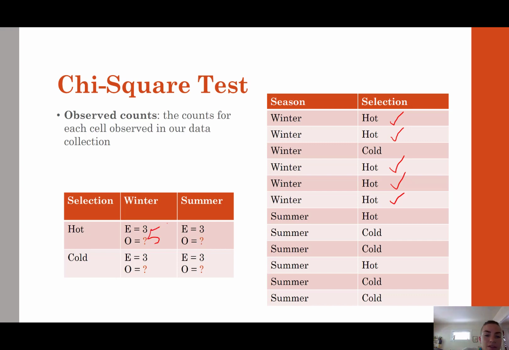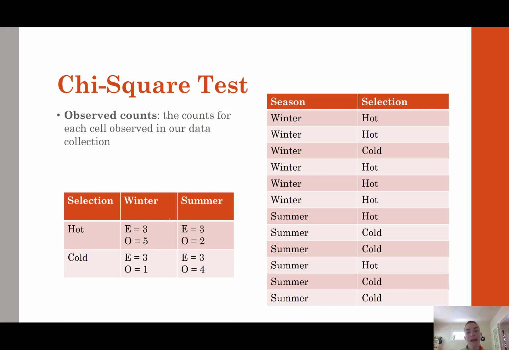So that means that 5 is my observed count for this cell. And you could pause the video here and try to recreate the observed values for each of the other cells of the contingency table. And hopefully you got these values. 2 people ordered hot coffee in the summer, 1 person ordered cold coffee in the winter, and 4 people ordered cold coffee in the summertime.